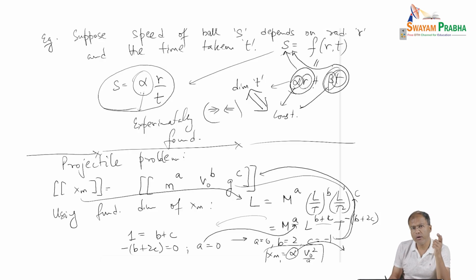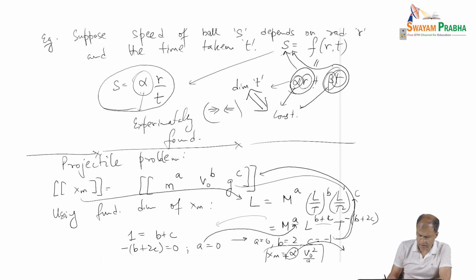This constant can be found in this simple case using our calculations or the Newtonian mechanics. But certainly this dimensional analysis has provided our answers in very close proximity of the original method of calculation, right?